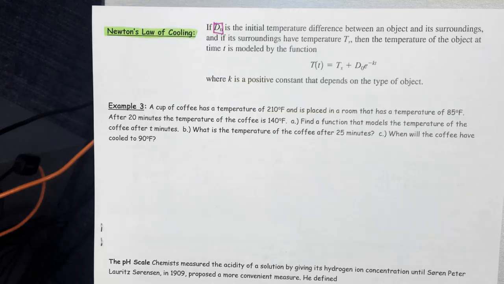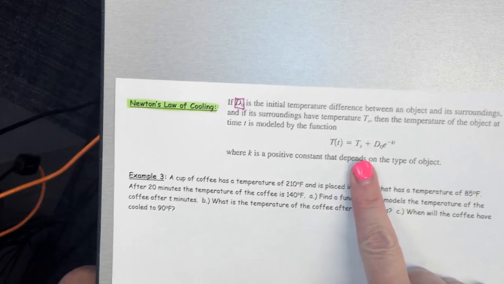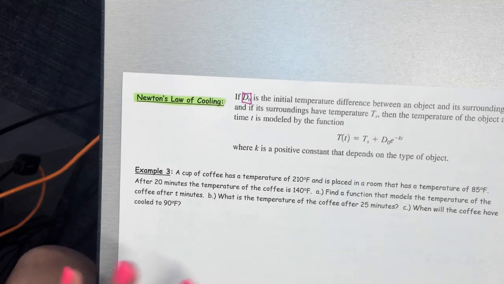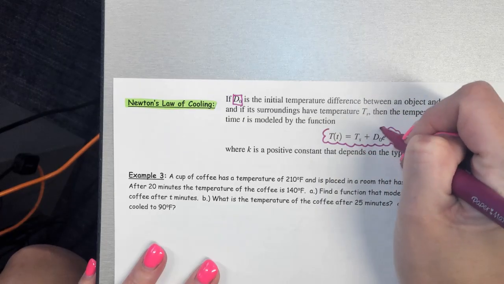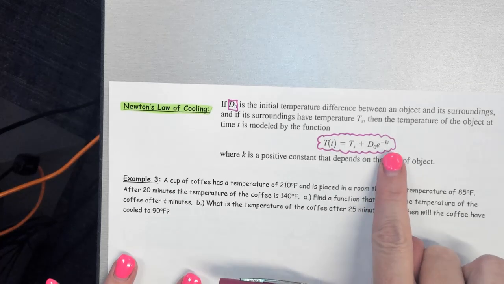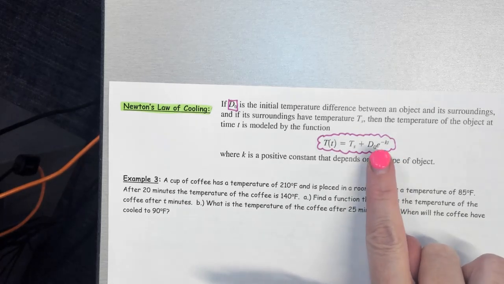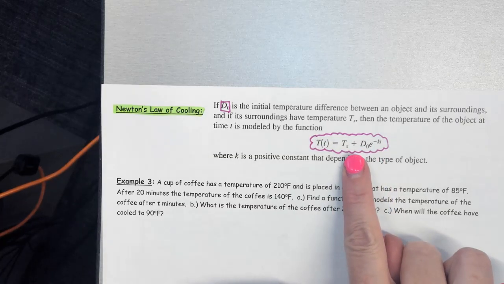So in Newton's law of cooling, we have a bunch of variables. Let's actually look at the equation first. It says T of t is equal to T sub S plus D sub 0 e to the negative kt. Okay, we know t is time. We know e is our exponential function. So let's figure out what the rest of these mean.